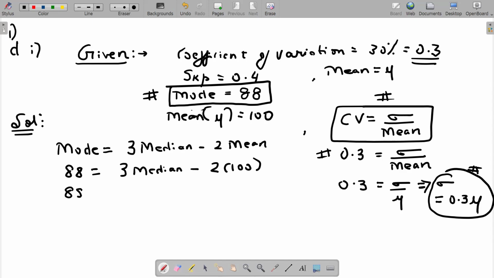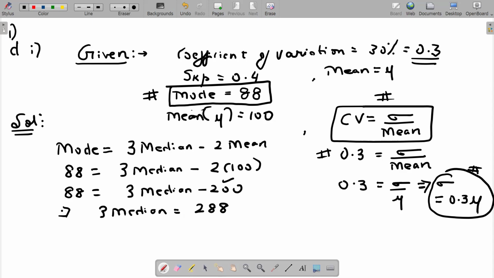So 88 is equal to 3 median minus 200. So I can write 3 median is equal to 200 goes to the left hand side, becomes 288 with 88. So median comes out as 288 over 3. And if I do 288 over 3, that comes out as 96. So my median is 96.